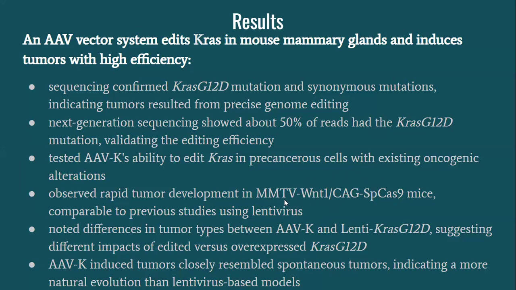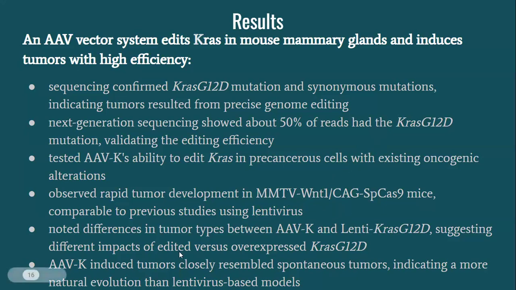So as a result, this Wnt1 background, or Wnt1 cancerous background, was used to test these two models on. Okay, so rapid tumor development was seen in this background when the newer CRISPR-Cas9 HDR model was used compared to the previous method of using the lentivirus one.